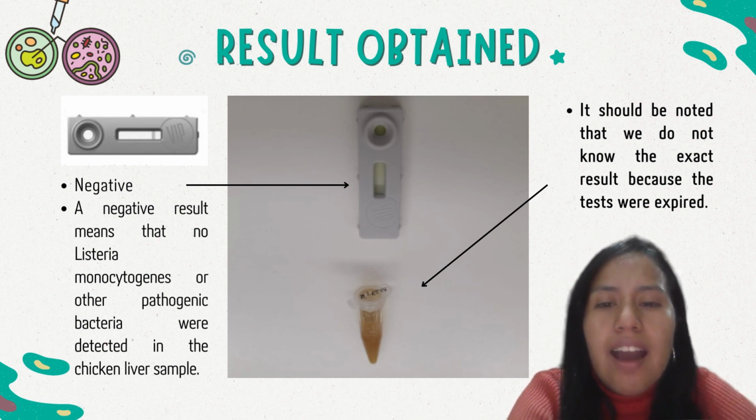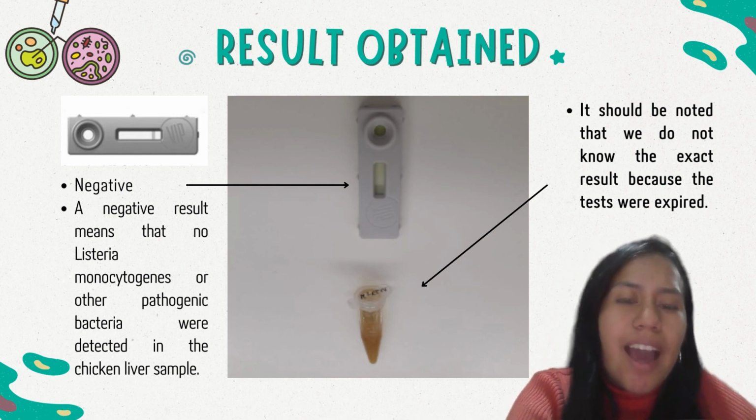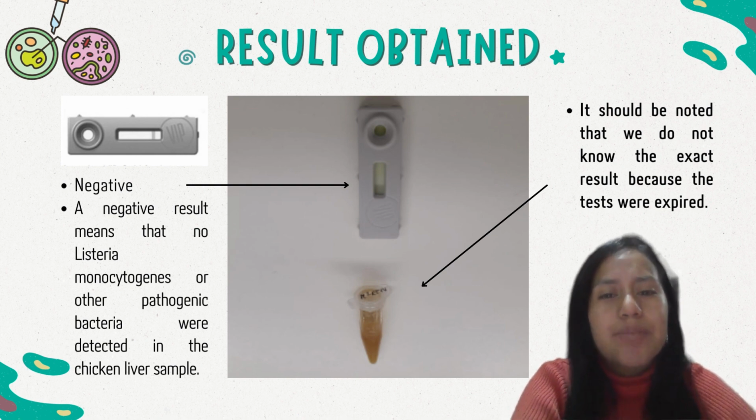This is a desirable result, as it indicates that the product is safe for consumption. It should be noted that we don't know the exact result because the tests were expired.